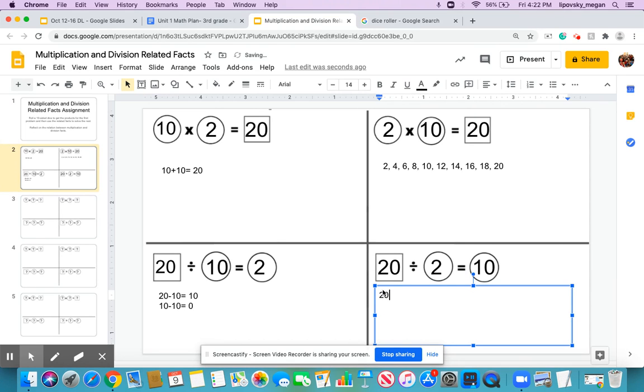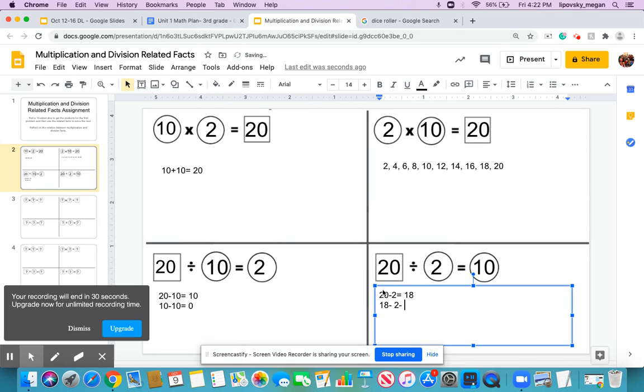And 20 minus 2 equals 18. 18 minus 2 equals 16. 16 minus 2 equals 14. So I will keep doing this all the way, and then I'm going to count up my 2's to get my answer.